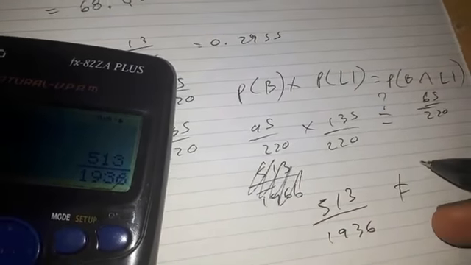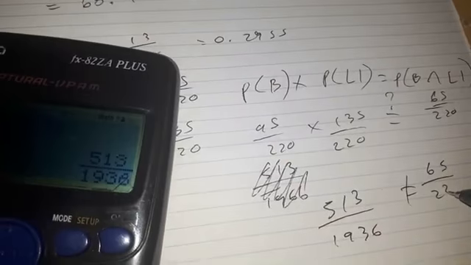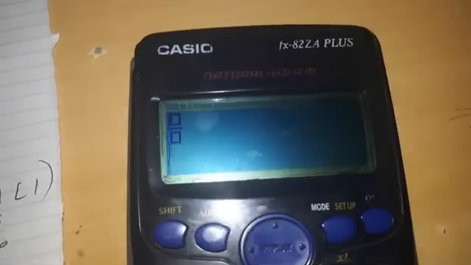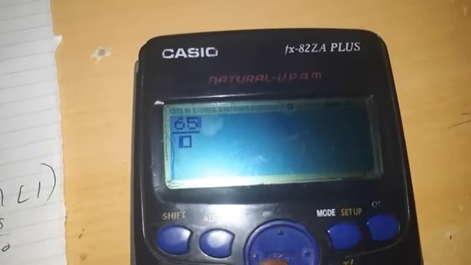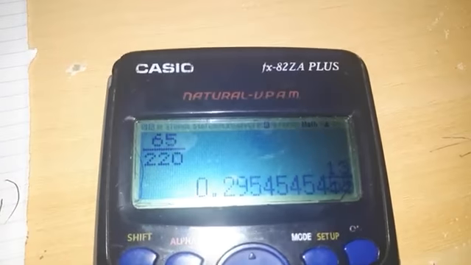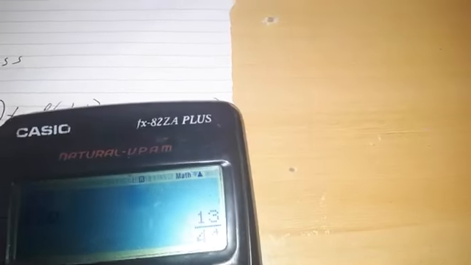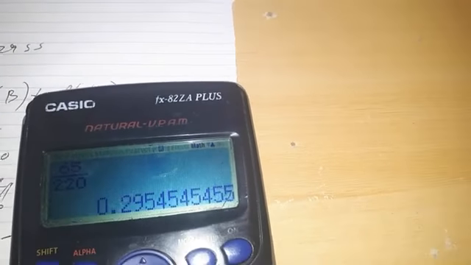This is definitely not equal to this. We can even check the decimal value. It's like 0.26 something. And then this one, 65 over 220, that's 0.29. So they're not equal to each other.